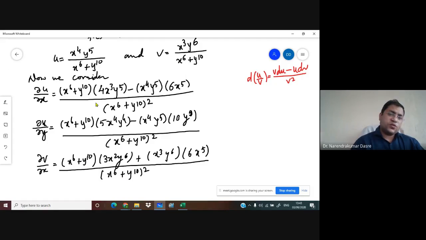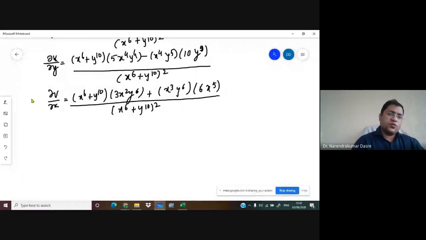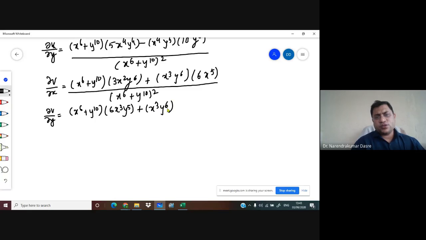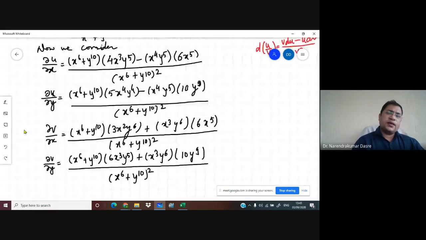Next we find it with respect to y: x raised to 6 plus y raised to 10 into 6 x cube y raised to 5, minus x cube y raised to 6 into 10 y raised to 9, upon x raised to 6 plus y raised to 10 bracket square. So these are the derivatives you are able to calculate.